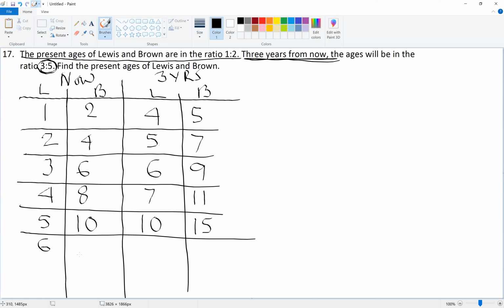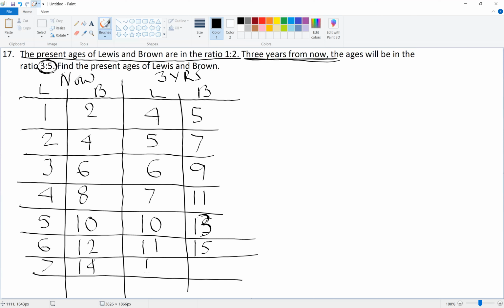So 6, 12. This would be 11. There's also one problem. 5 plus 2 is 7, 2 plus 7 is 9, 9 plus 2 is 11. Oh, okay. So 11, 15.